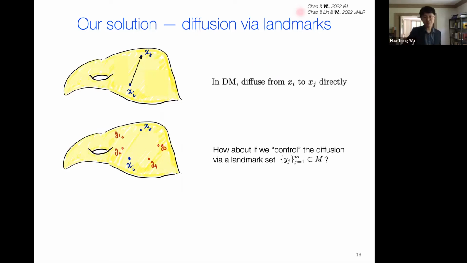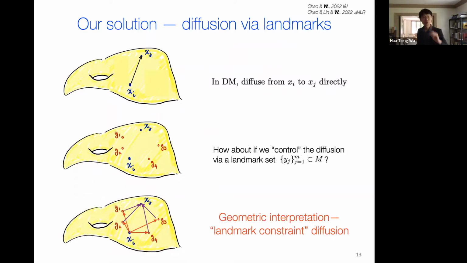That is, we find some landmark set, y1, y2, y3, y4, some points in the landmark set. And we force the diffusion from xi to xj through y1 to ym. That is, if you want to diffuse from xi to xj, then you have to go through y first. So you can view it as some kind of landmark constraint diffusion.